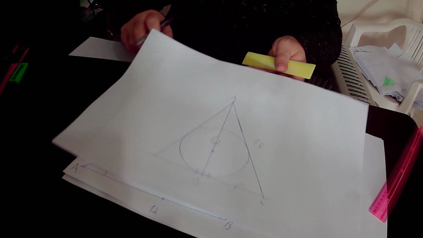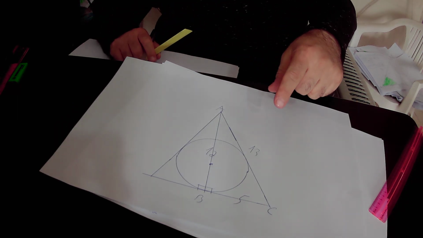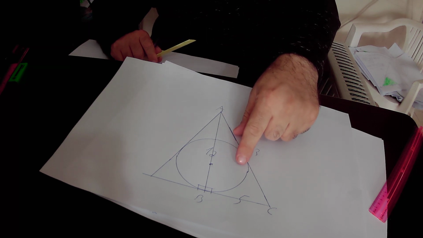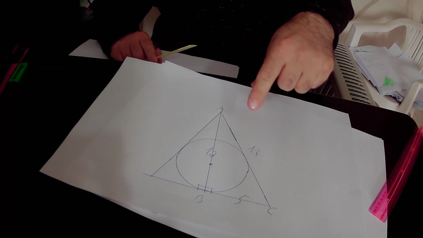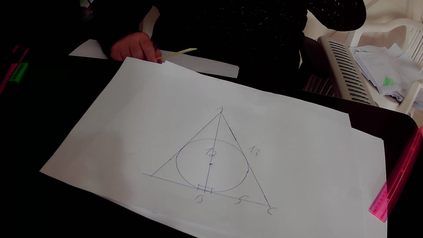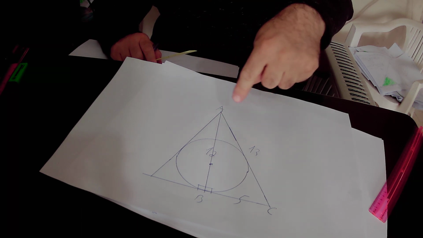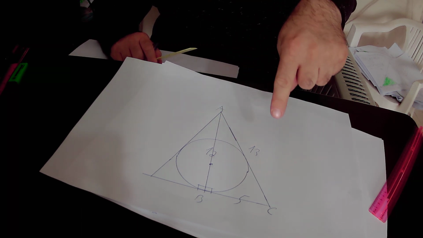So I drew the original image. This is the original image, and this is the mirror image of this original image, and I joined them together, so we got a circle that is inscribed by this triangle.